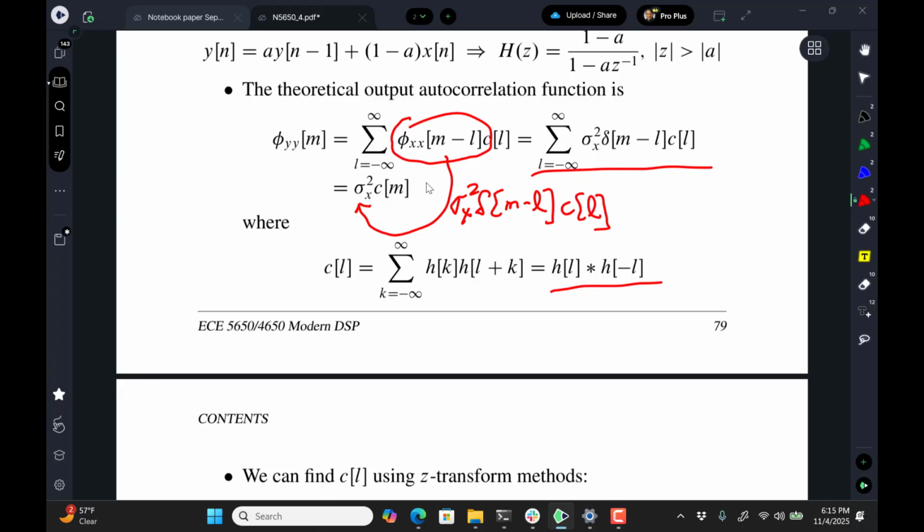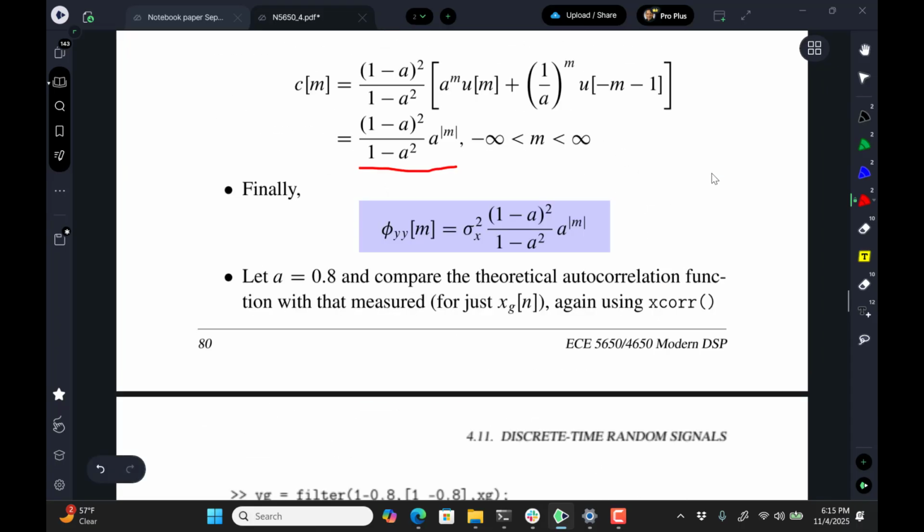So you just get sigma x squared times C of M. I don't know if you noticed that, but the expansion that's in this area right in here is where that expansion takes place. So that's the theoretical value for the autocorrelation function of the white noise coming out of the low-pass filter.